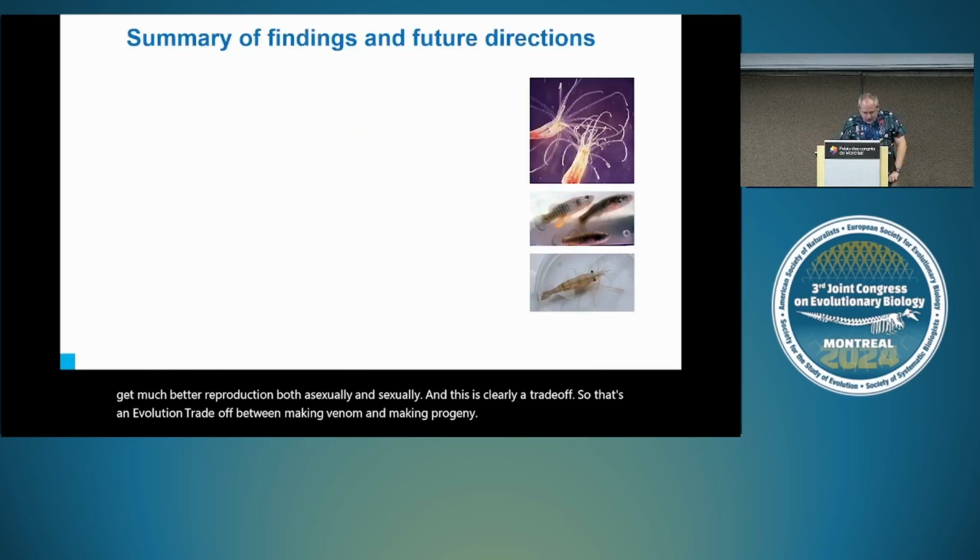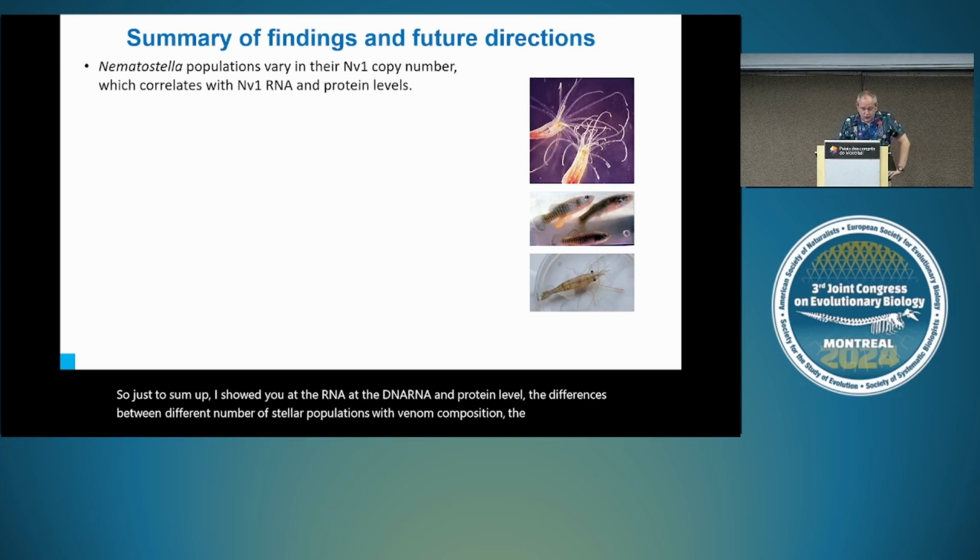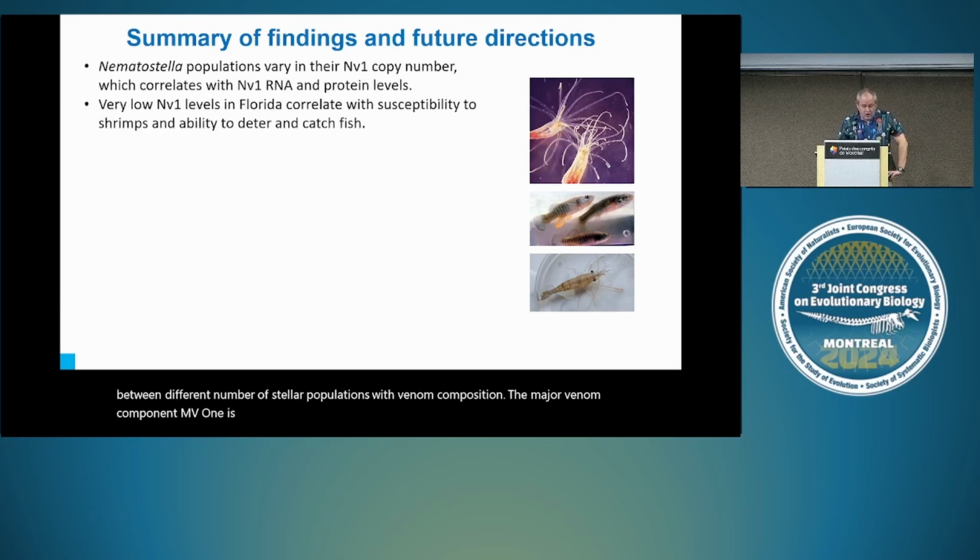So just to sum up, I showed you at the DNA, RNA, and protein level that there are differences in venom composition between different Nematostella populations. The major venom component NV1 is differentially expressed.